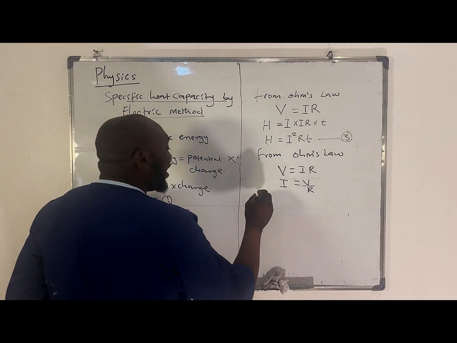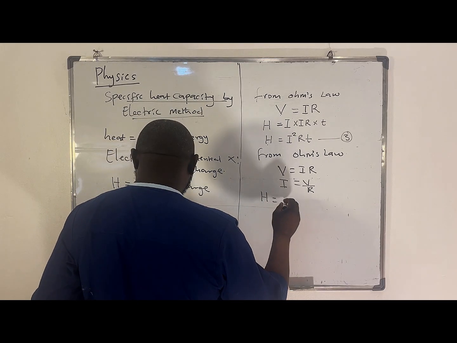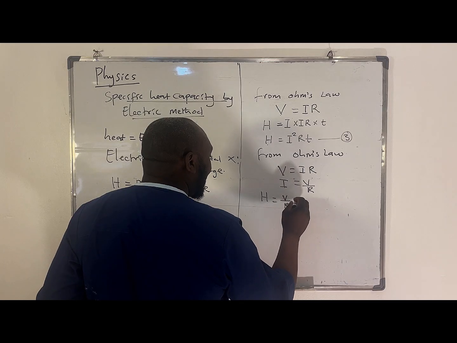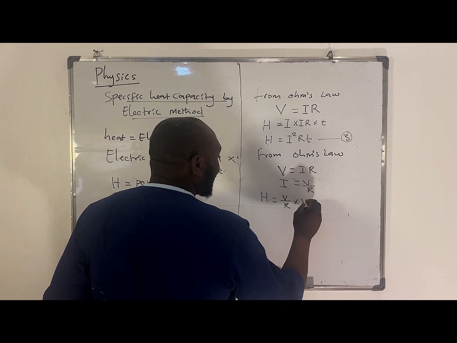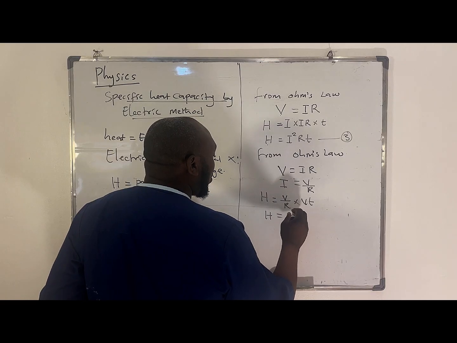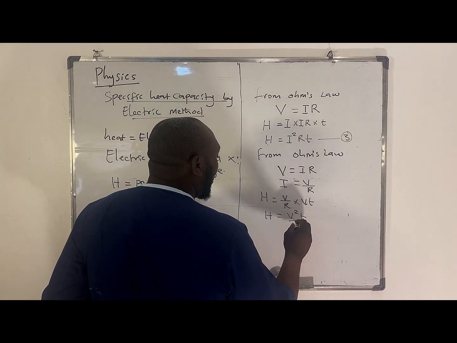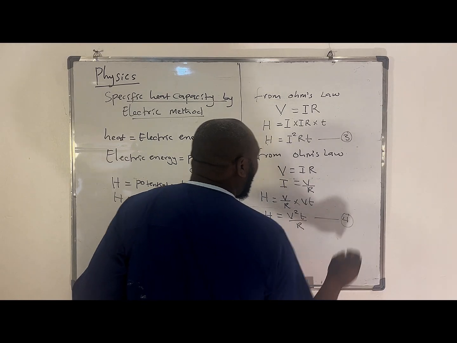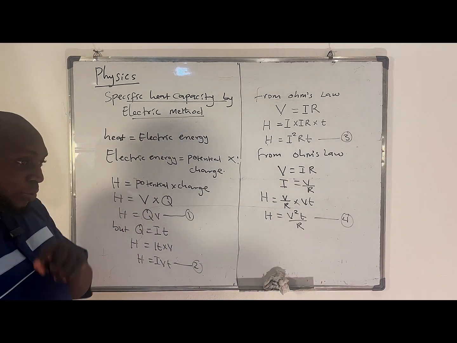We have H is equal to I, which is V over R, times VT. Multiply them, we have H is equal to V squared T over R. This is another formula to find heat supplied by electric method.